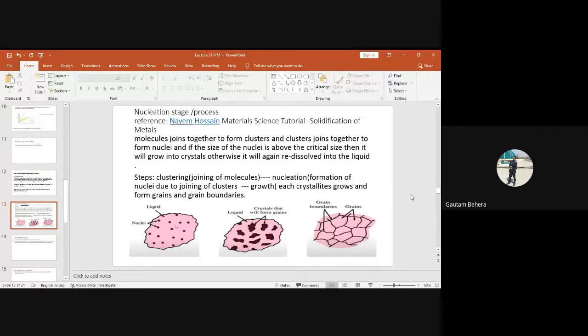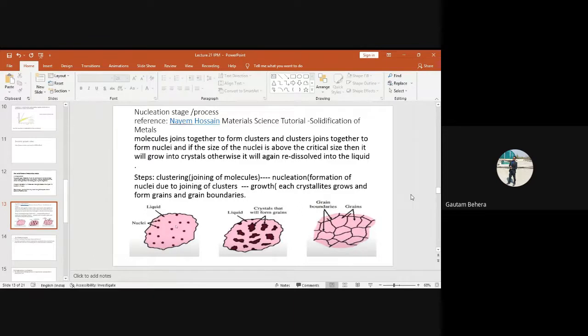Okay, let me tell it again. Just imagine you have a mold containing a liquid, and you are taking the liquid below the melting point, or below its freezing point, or you can say below its liquidus temperature. So what will happen? At random positions, some clusters of solid will form. How will they form? Due to joining of the molecules. And these clusters will then combine to become a nuclei.